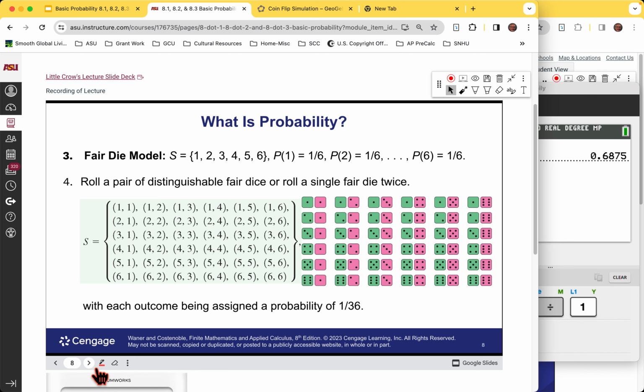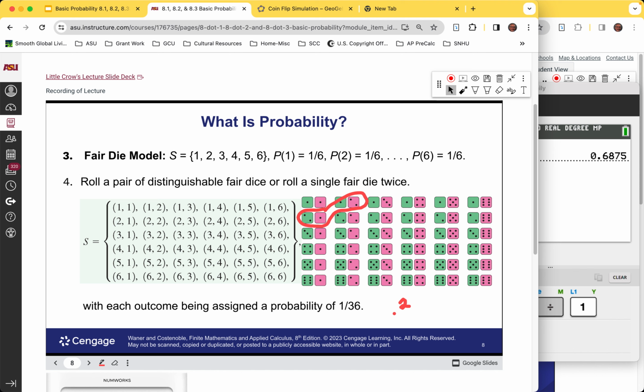Now, when we start thinking of outcomes with dice, we think about the sum of the 2. So then we start counting how many different ways we can make a 3. That's right here. There's 2 ways to make a 3.